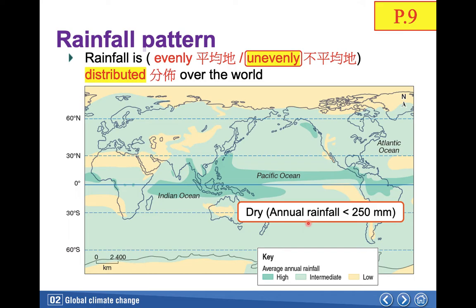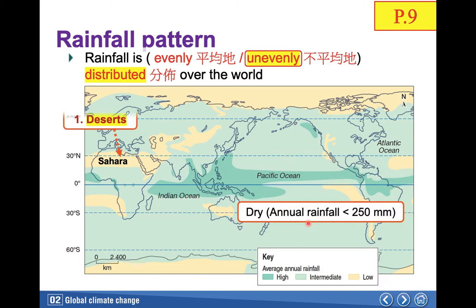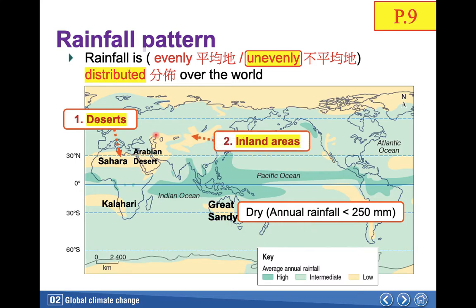So what are the examples? You may have heard about the Sahara Desert. This is a desert area that is very dry with low rainfall, and some other deserts also have dry conditions and low rainfall too. Apart from the desert, the inland areas also have very dry air.